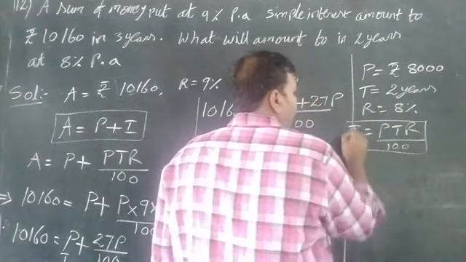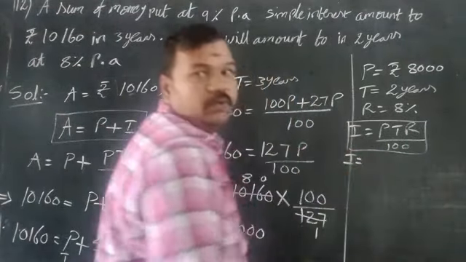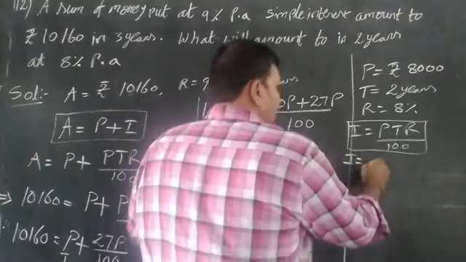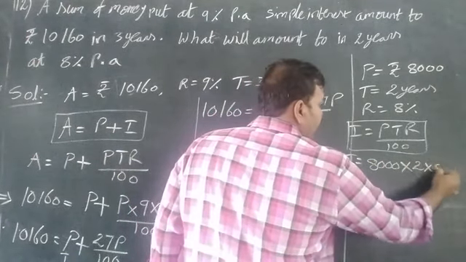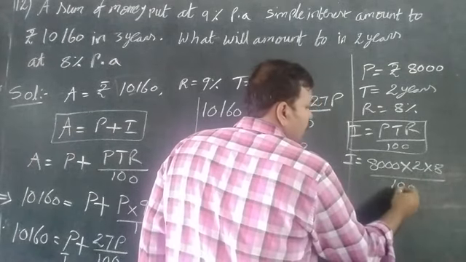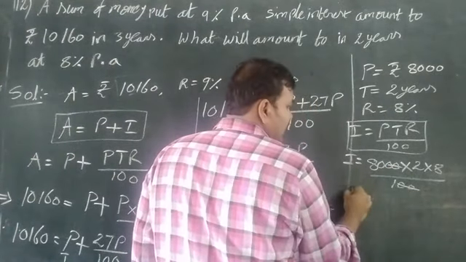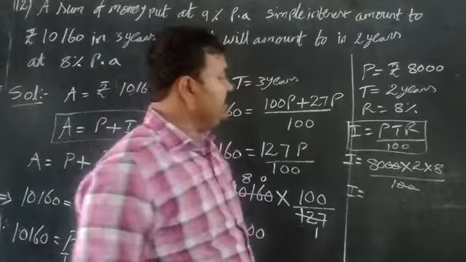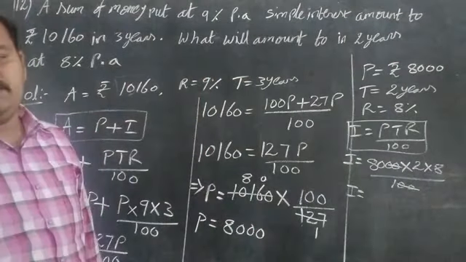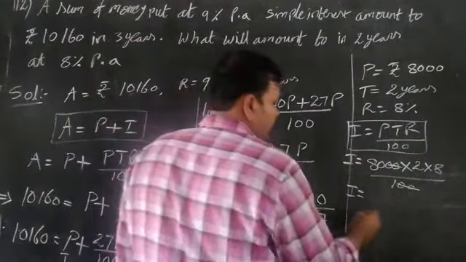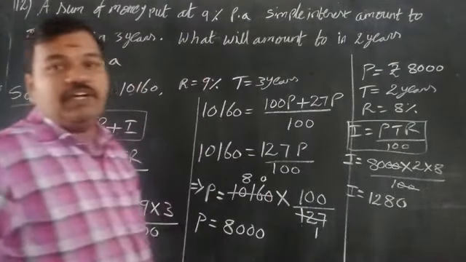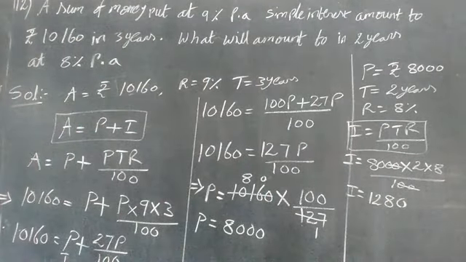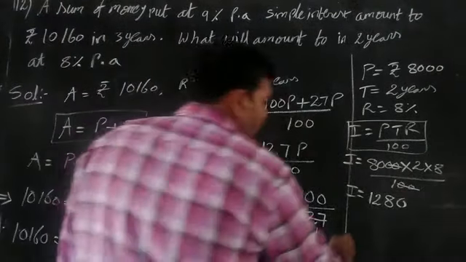Substituting, interest is equal to 8,000 into 2 into 8 by 100. 2 zeros cancel. I is equal to 8 8s are 64, 64 into 2 is 128, so 1280. The interest for 2 years is 1280.